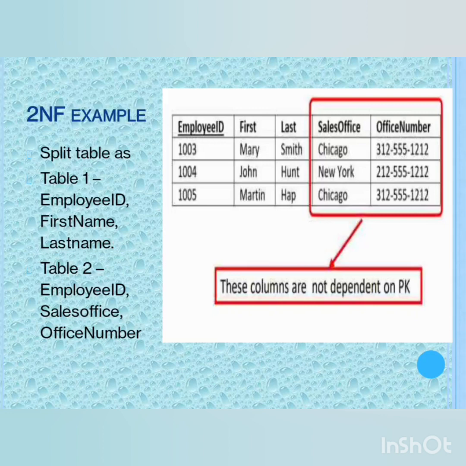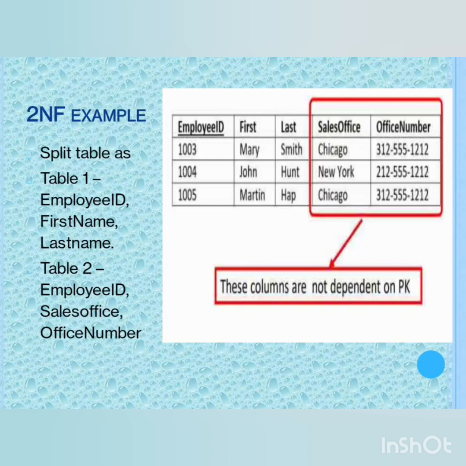Sales office and office number, both these attributes, again non-key attributes, have nothing to do directly with the primary key, that is employee ID. So whoever is the employee, for every employee the sales office will be the same and the office number is going to be the same. So that need not be kept in this particular table.